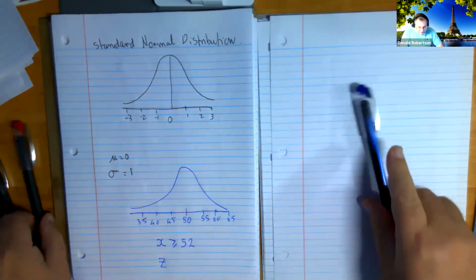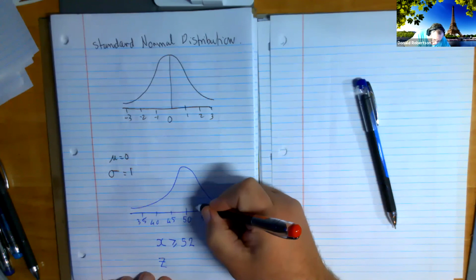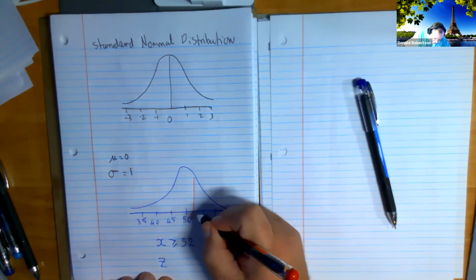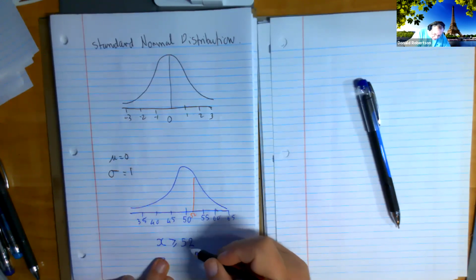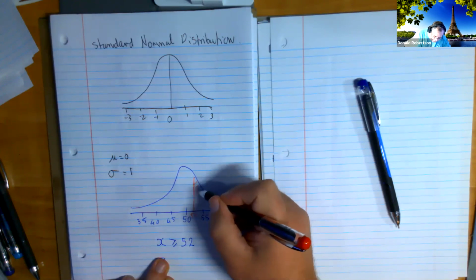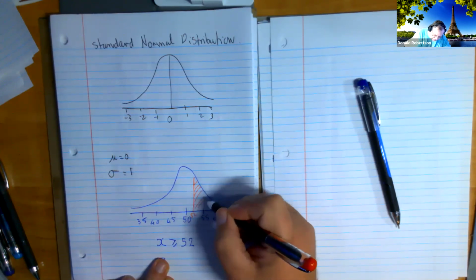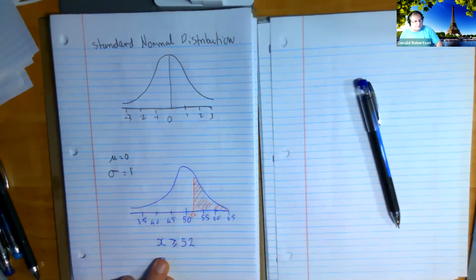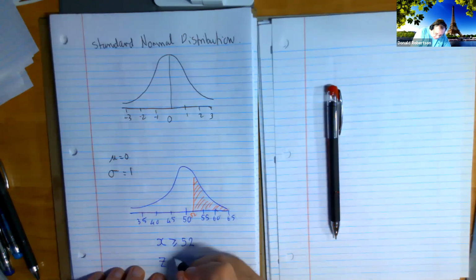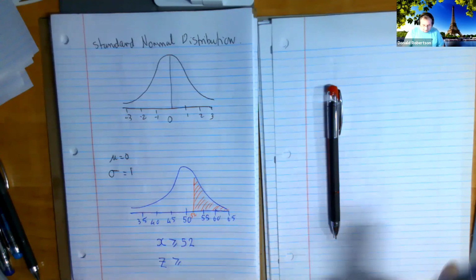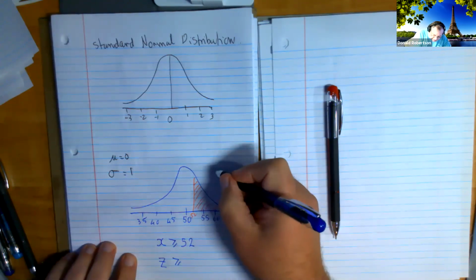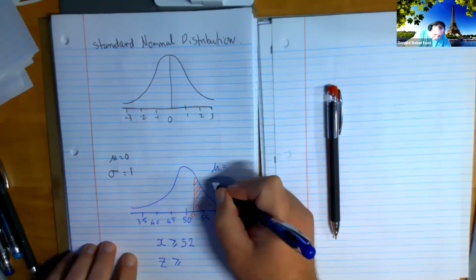So what do I mean here? Well, can you imagine that 52 is about here? If you want x to be bigger than or equal to 52, you're talking about everybody in the class who got more than 52 in the test. What would that look like in a z-score? Well, it would be greater than or equal to, oh, I need a mean and a standard deviation.